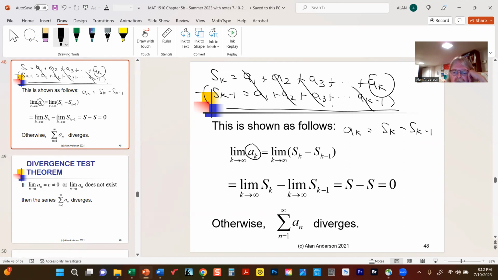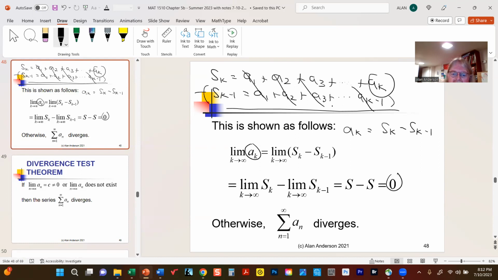So these are both, whatever they are, if they're equal to each other, they will be equal to each other if the series is converging. So this will give us a 0. If not, they are diverging.